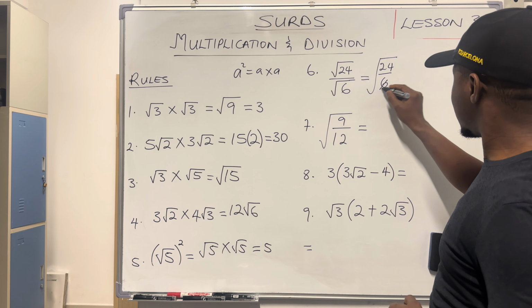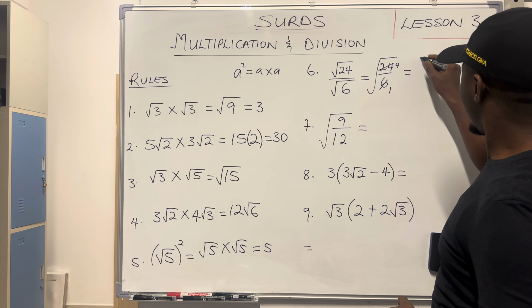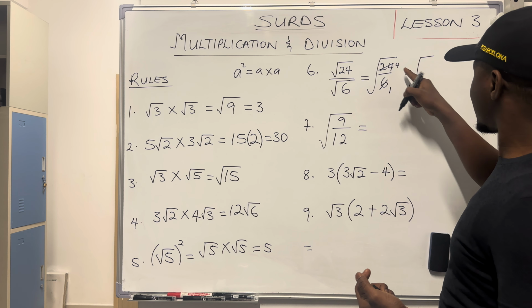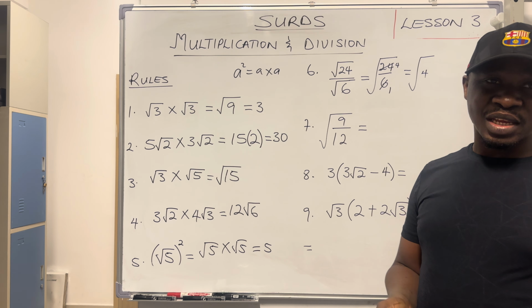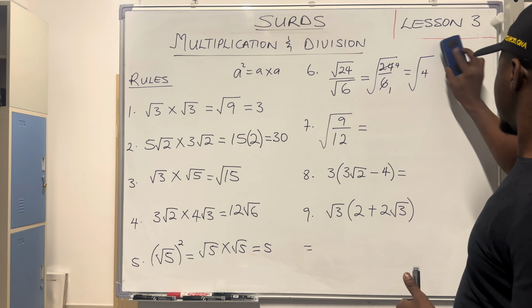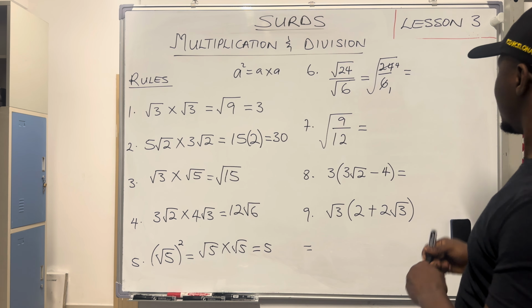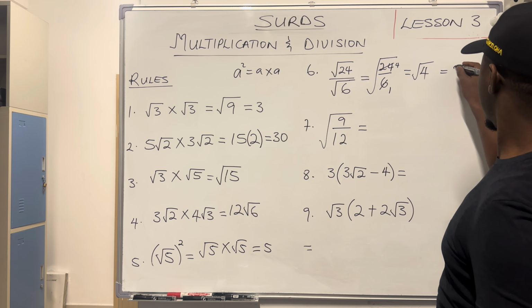Wherein 6 into itself is 1, into 24 is what? Is 4. So it will not be long again like this because 4 divided by 1 is just 4. We cannot have all this whole thing. But suppose we write it, they will not mark it wrong. Because now it is a single number. This is 4. And square root of 4 is 2.